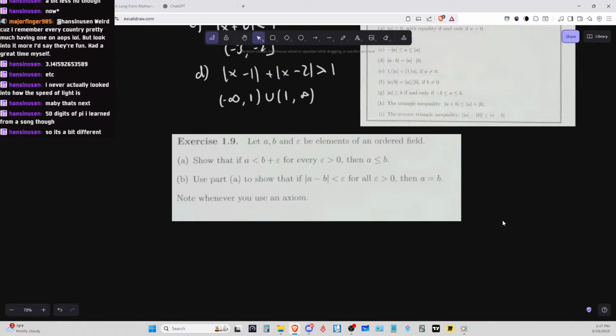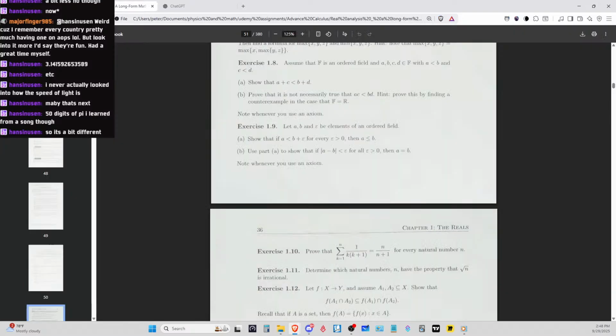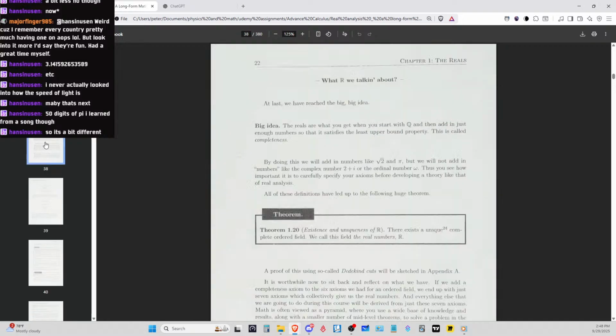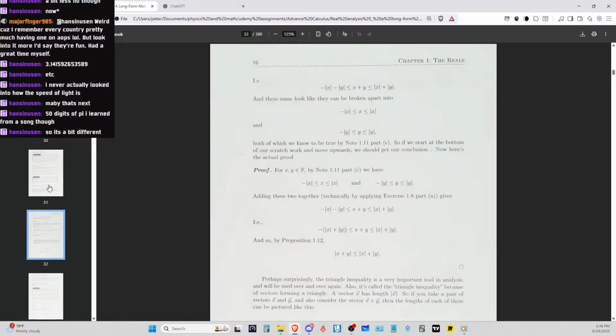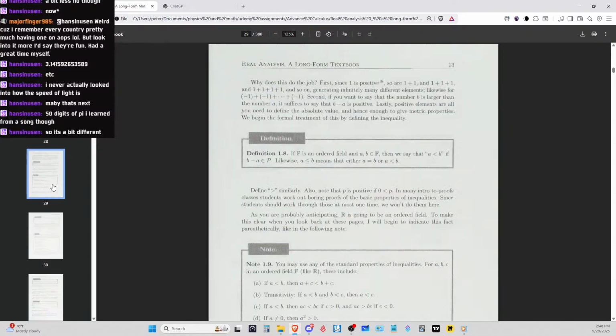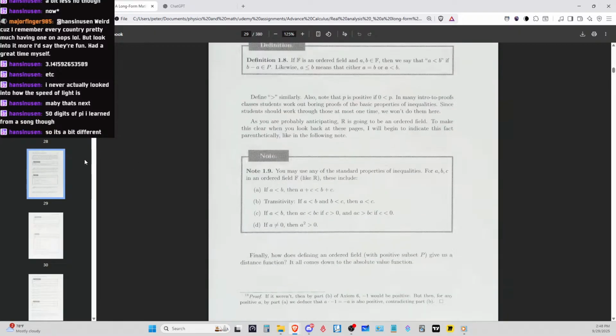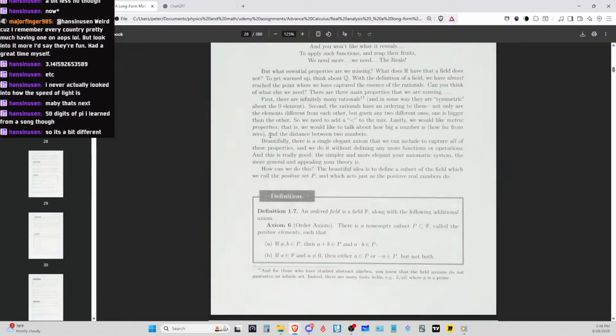Okay, let A and B and epsilon be elements of an ordered field. I just want to get the definition of an ordered field so that I don't have to look it up. Ordered field, here we go.